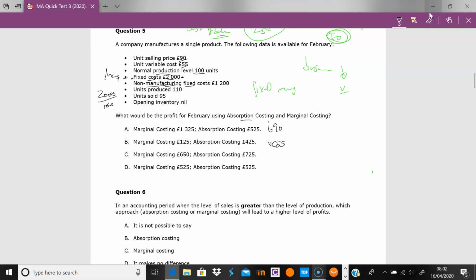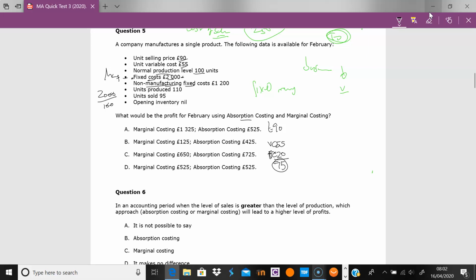So I'm going to go in at £20. That's going to be my plan. So my fixed cost per unit, or my overheads, are £20. In effect, giving me a full cost of £75 per unit.